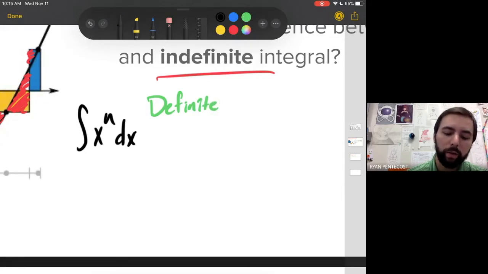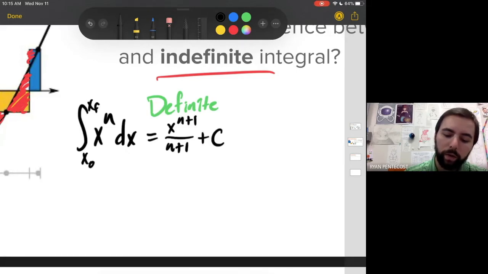So let's say we want x to the n from x initial to x final. So then that gives us x to the n plus 1 over n plus 1, and you don't even put the plus c. That's from the value x naught to xf.